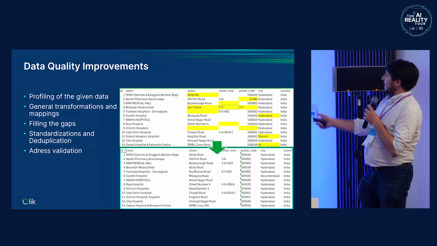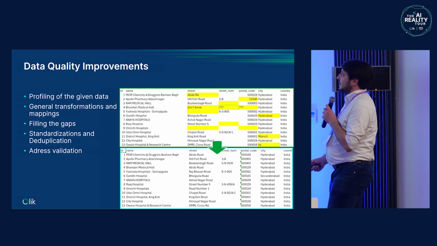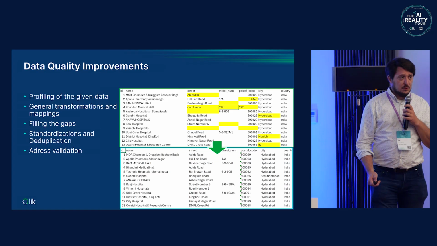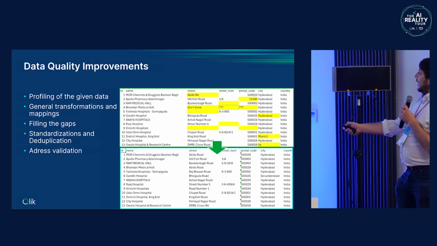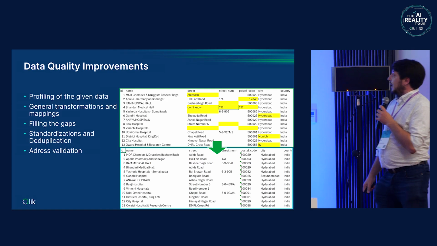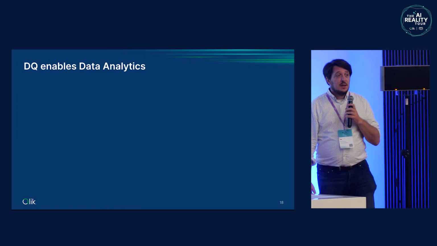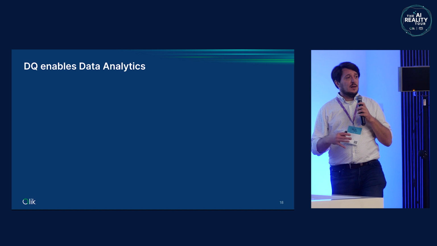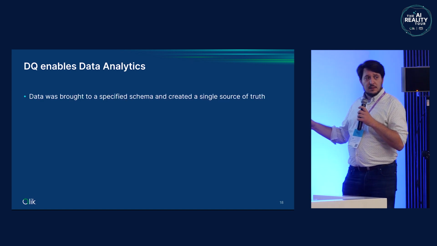This was our start. And then we sent it to Google Maps. And this is the result we got. So they are not only filling the gaps, but they are also correcting it. So if you're not sure, is your address data valid, you can correct it.